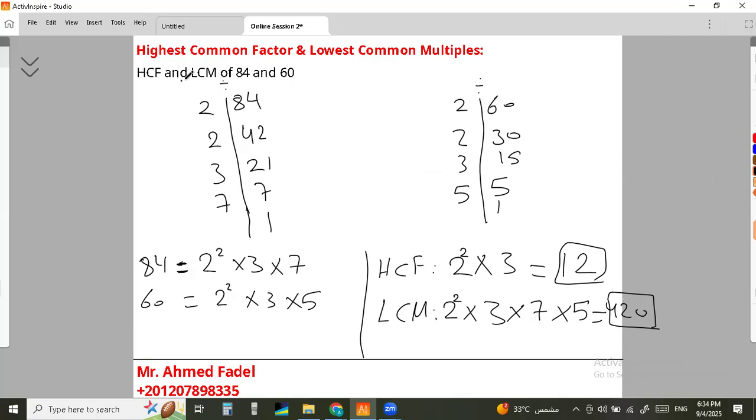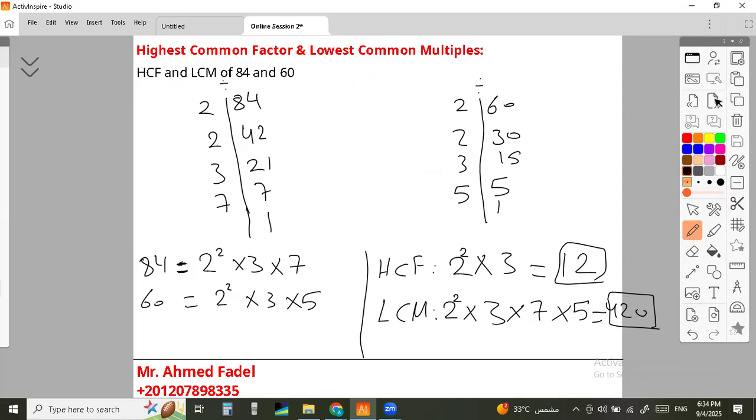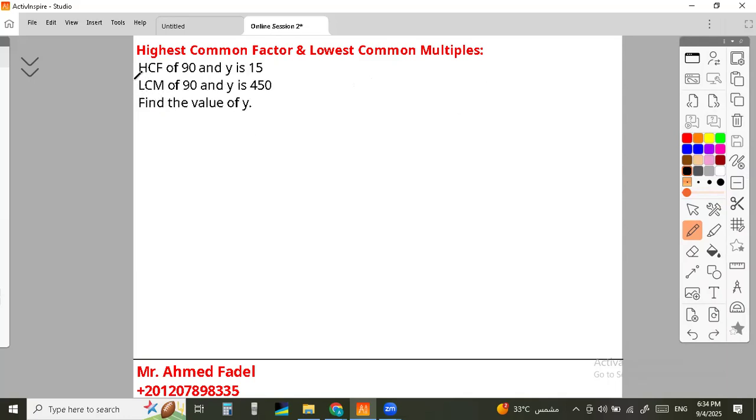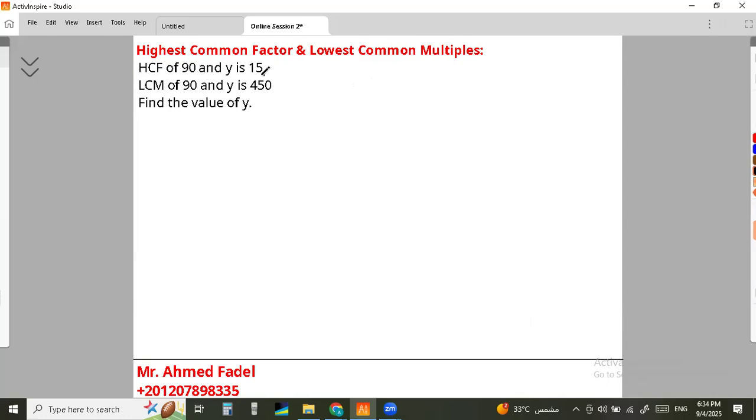And this is how we find the highest common factor and the least common multiple of two numbers, but these are not the only cases. We've got a question that says the HCF of 90 and Y is 15, and the LCM of 90 and Y is 450. Find the value of Y. There is a rule that you must understand.